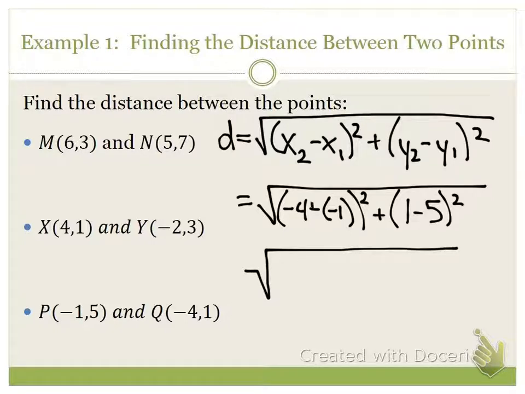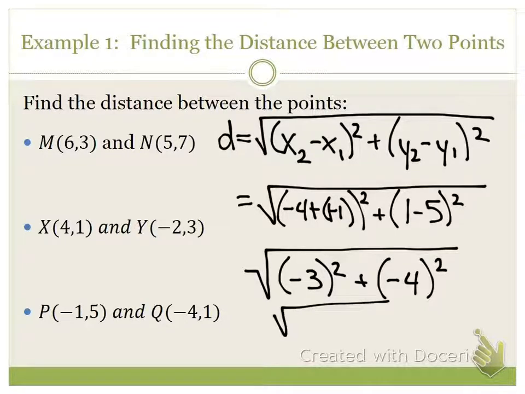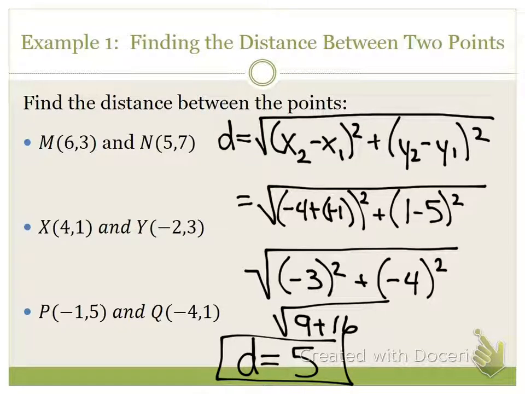So now it's negative 4 plus 1, which is negative 3 squared plus negative 4 squared. So the square root of 9 plus 16, so D equals, what's the square root of 25? 5. D equals 5.